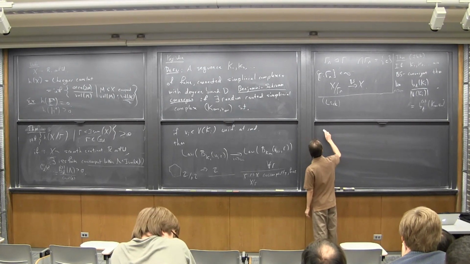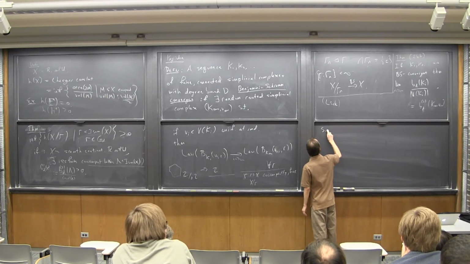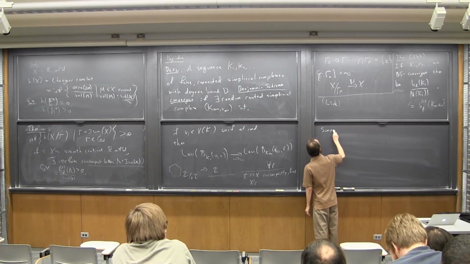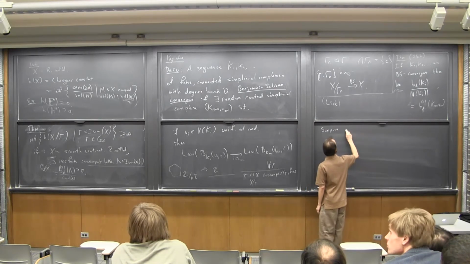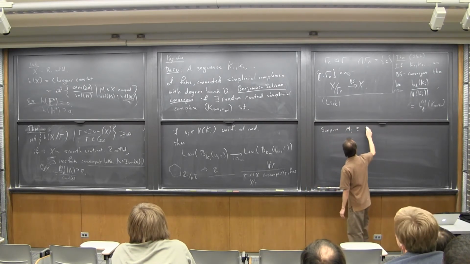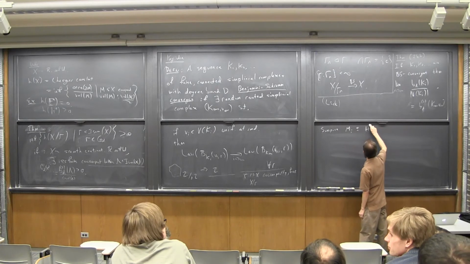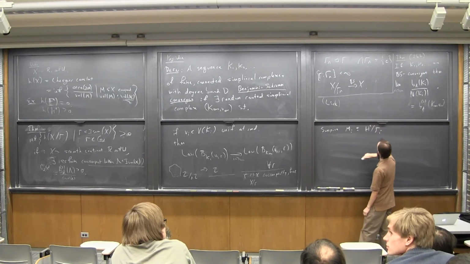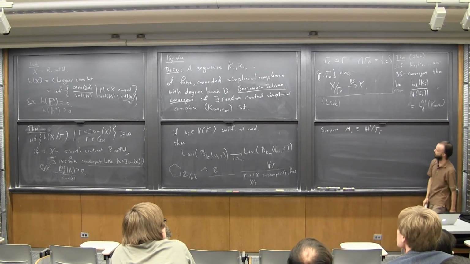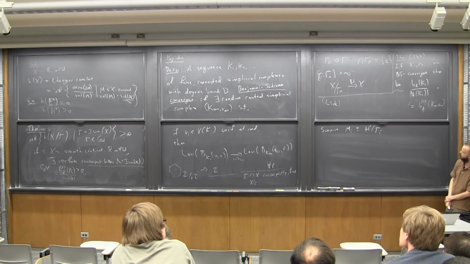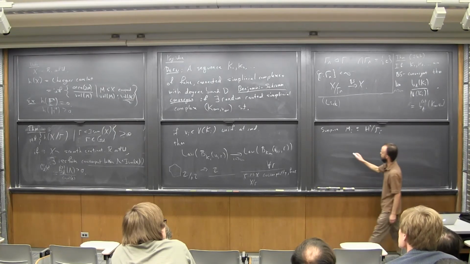Suppose we have manifolds which are, say, hyperbolic 4-space mod gamma_i, where gamma_i is some group acting by isometries. And suppose these are compact.